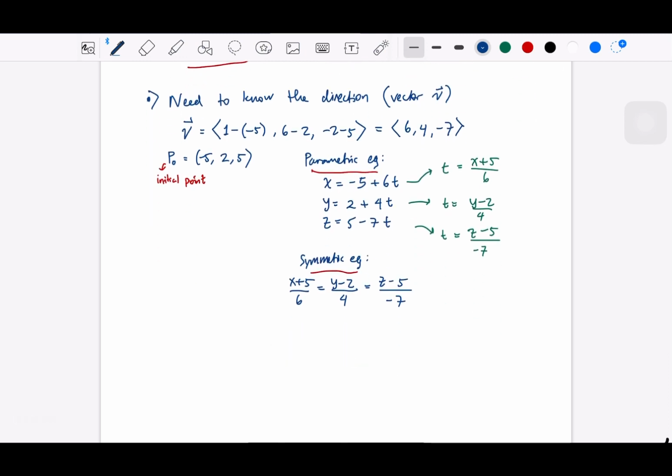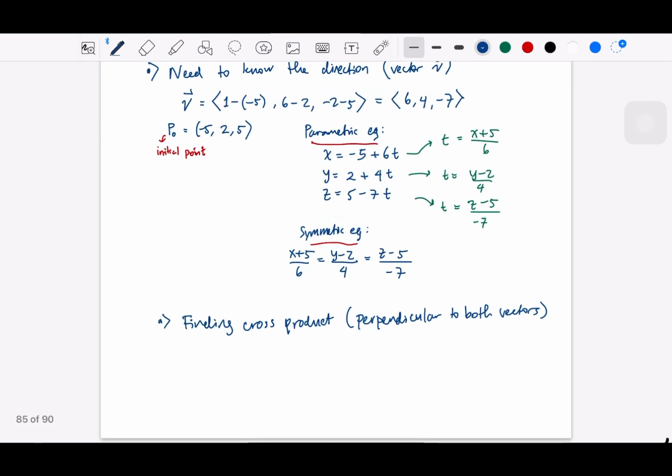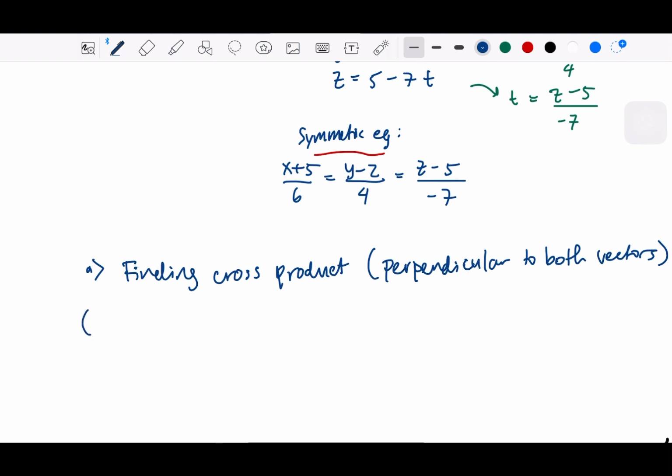So the second question, finding cross product. This is perpendicular to both vectors. So we take the cross product. So i plus j cross j plus k, and let's make this as our v.